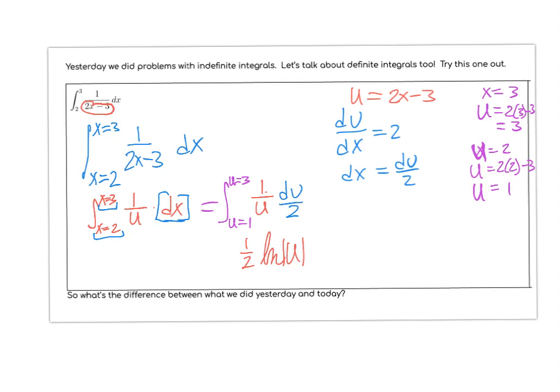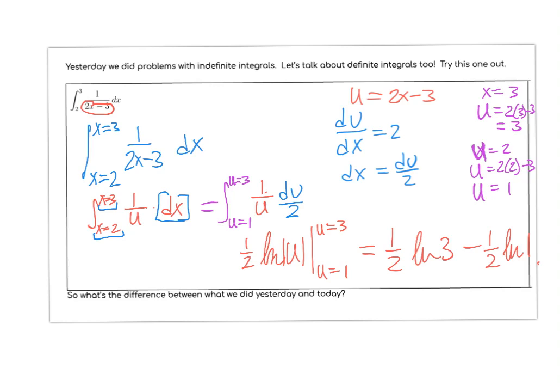It doesn't actually make a difference. And then I've got to evaluate this at u equals 3 and u equals 1. That gives me 1/2 ln of 3 minus 1/2 ln of 1. You might realize that ln of 1 is 0, so we end up with 1/2 ln of 3, and that's it.